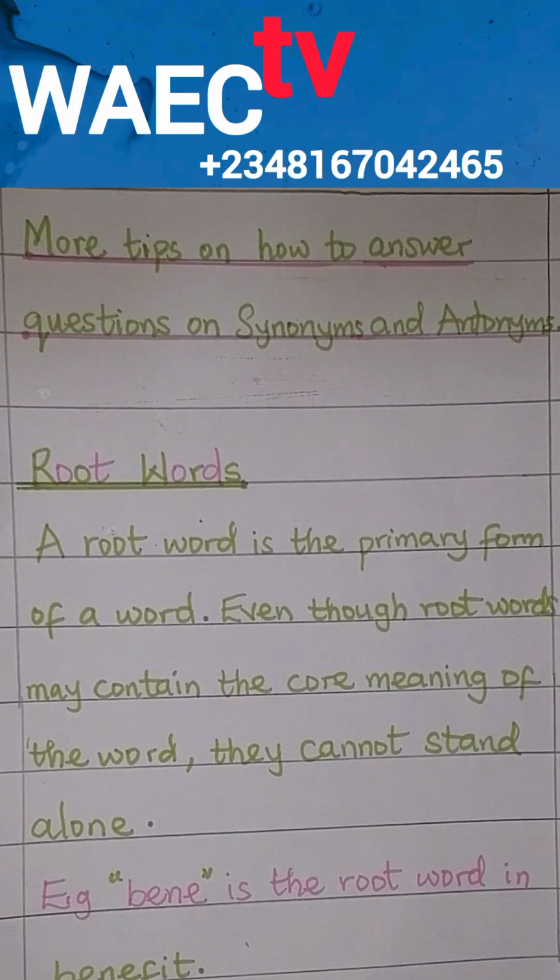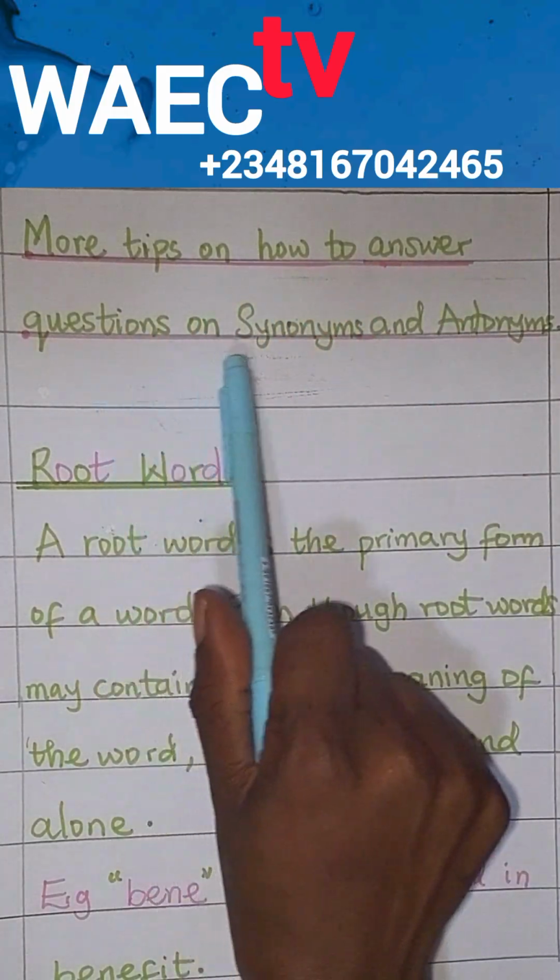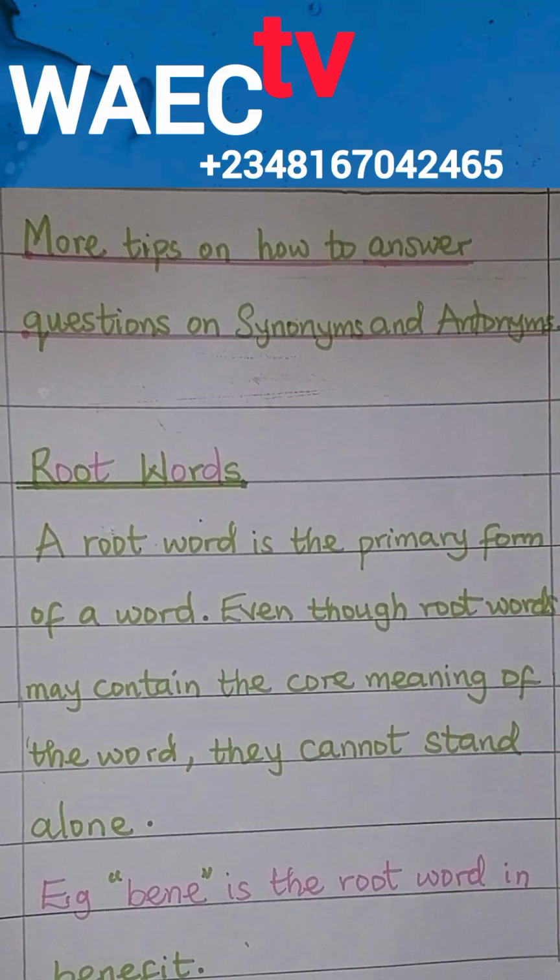And in the tips I gave you, I'm going to refer to one of them, which says that you need to identify some common prefixes, suffixes. You should also practice roots and base words. Looking at those tips I gave you in the previous class, I'd like us to have more tips on how to answer questions on synonyms and antonyms.